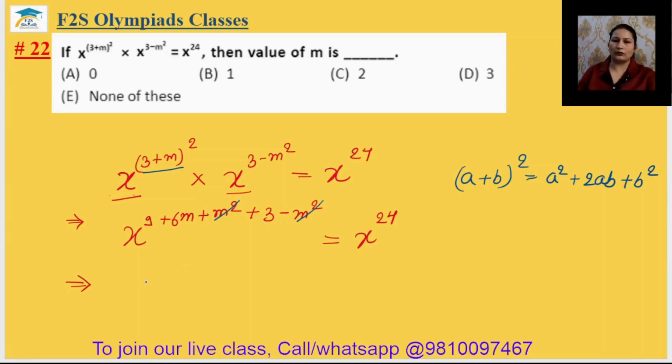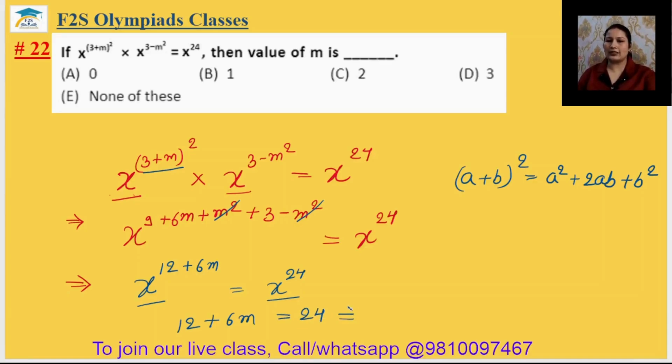So x to the power 12 plus 6m equals x to the power 24. We can see bases are same. If the bases are same, the powers can be equalized. 12 plus 6m equals 24. This implies m equals 2. Answer should be C. The 22nd answer is option C.